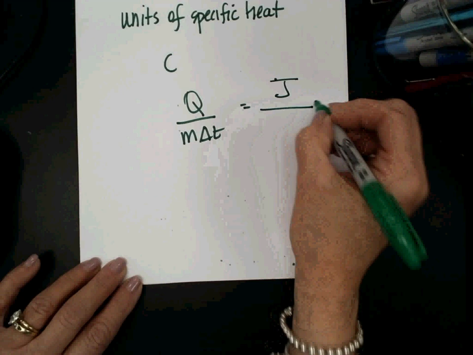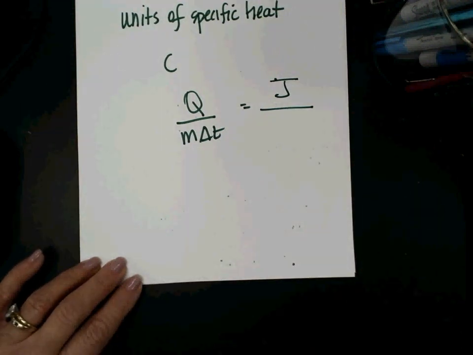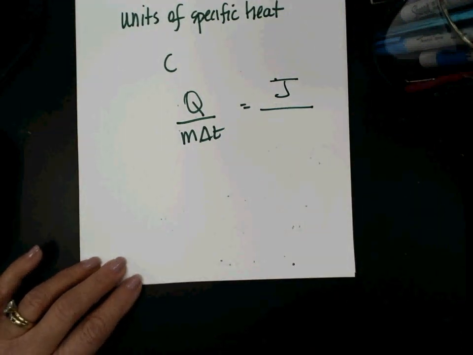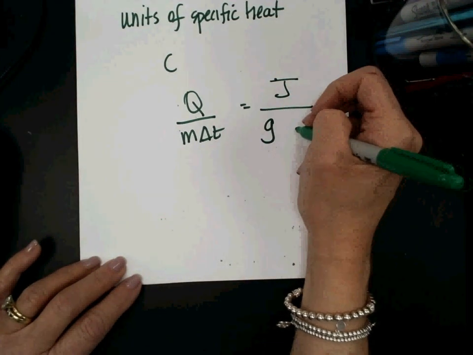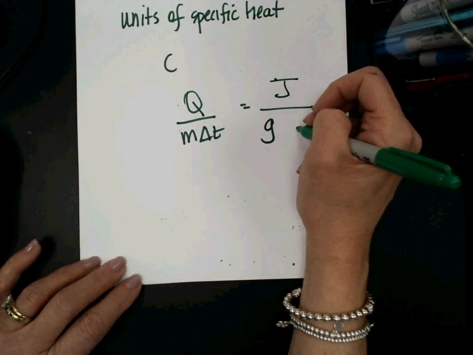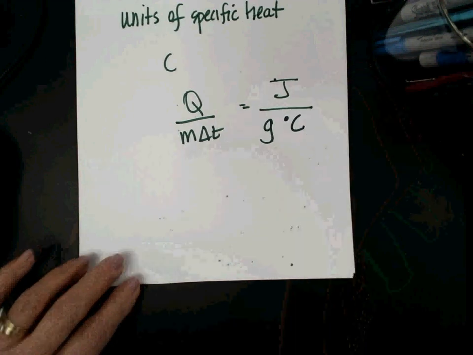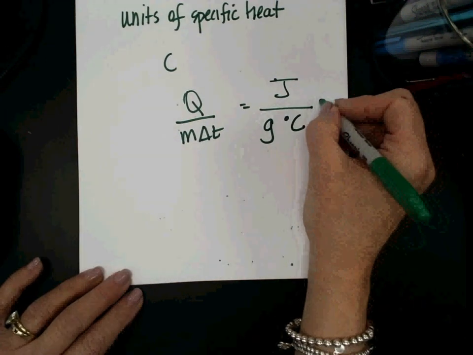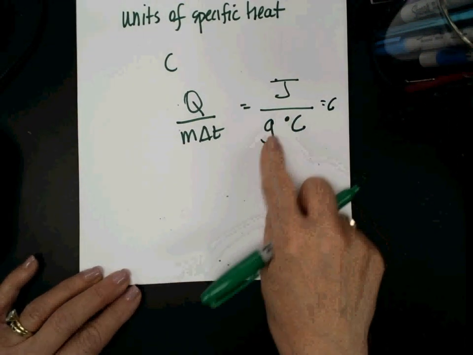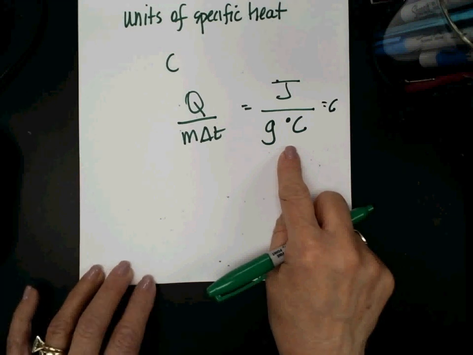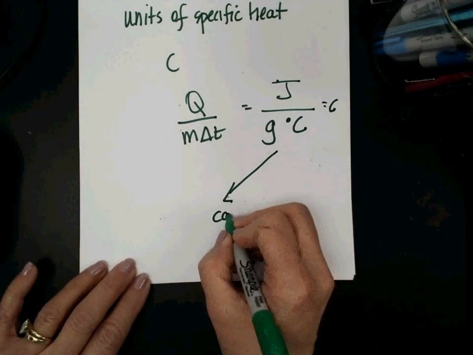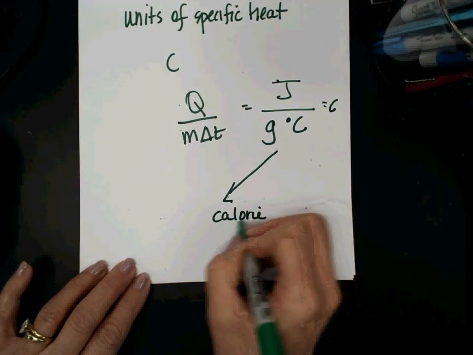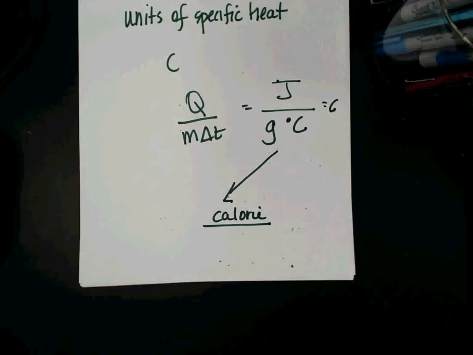Joules. Joules per. What are my units on mass, Maria? Grams. And Evan, how about temperature change? Celsius. Degrees Celsius, yes. So C is actually, unit-wise, joules per gram degrees Celsius, which I actually call, what, Cole? Calorie. Good job. A calorie.